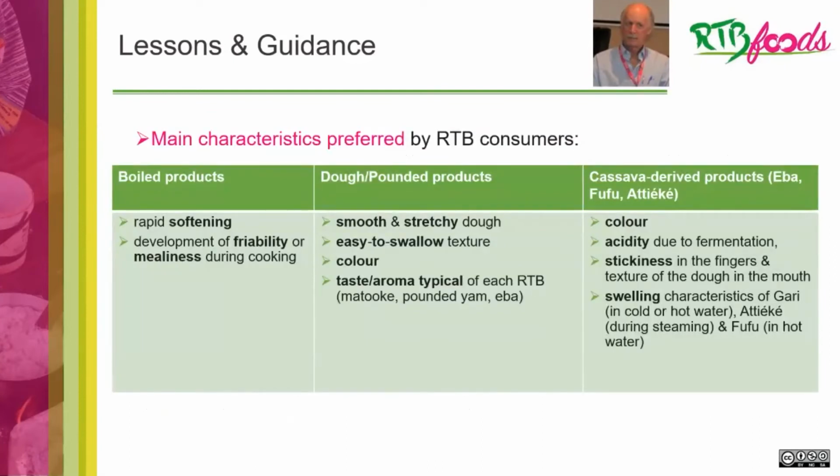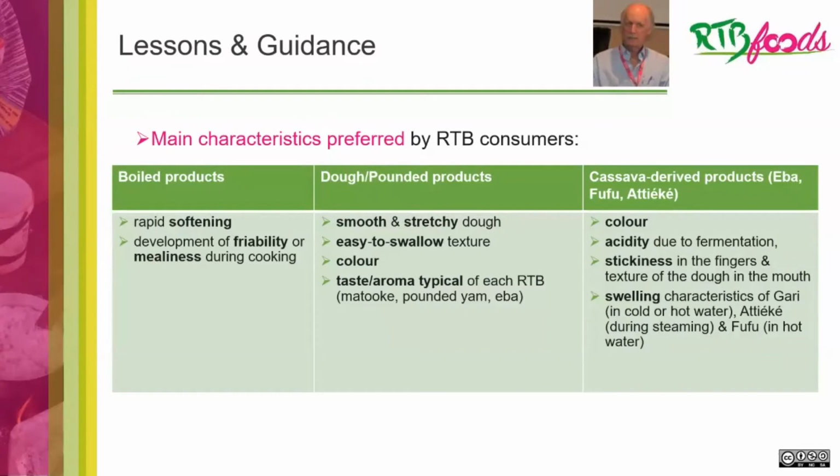With regard to this last point, according to research reported in this special issue, the main characteristics preferred by RTB consumers of boiled products are rapid softening and/or the development of friability or mealiness during cooking. For pounded products, the main objective is to obtain a smooth and stretchy dough with easy to swallow texture, colors, and taste and aroma typical of each RTB.